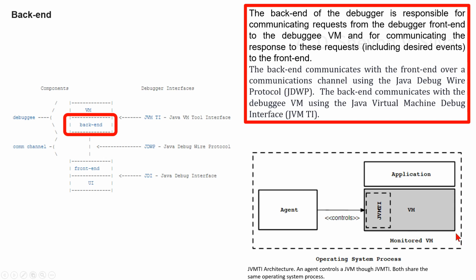control. Originally called Java Platform Debugger Architecture, JPDA, and used in the context of debugging, it was extended to support other use cases such as monitoring and profiling. JVM TI exposes C functions to manipulate the Java VM.